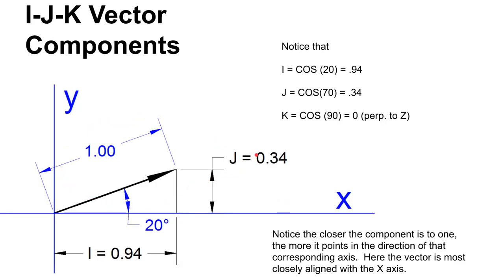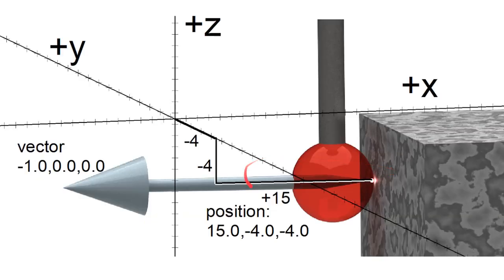All right, so you'll have 3 numbers for any vector. And so really, for any point, you'll have 2 things. Number 1 is you'll have the 3 coordinates of the position. So in this case, this point is located at 15 in the X, -4 in the Y, and -4 in the Z. So that locates the point.